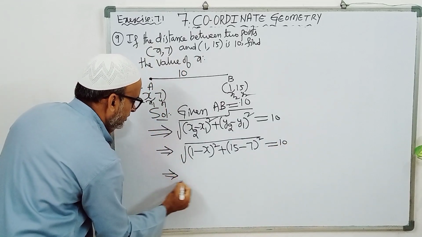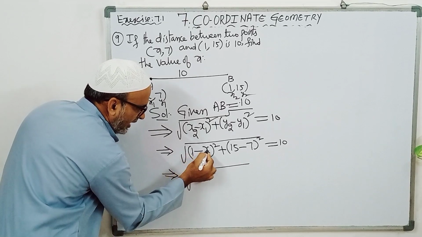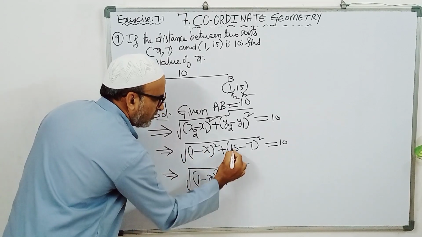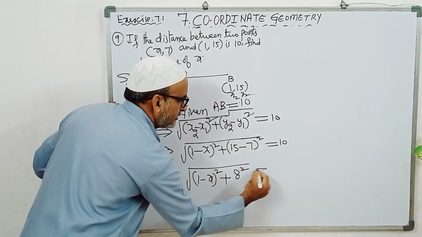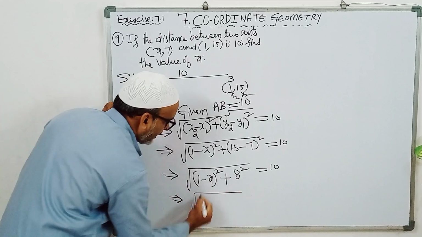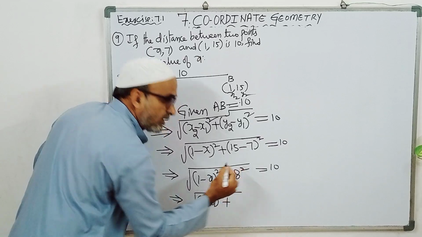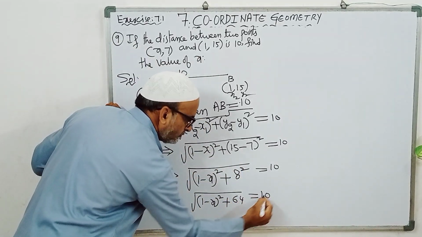Implies square root of 1 minus x, an alphabet, we cannot do subtraction, write it like that only, plus from 15 take out 7, 8 square is equal to 10. Implies square root of, write it like that only, 1 minus x whole square plus 8 square, 8 into 8 is 64, is equal to 10.